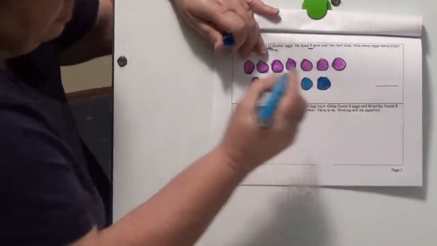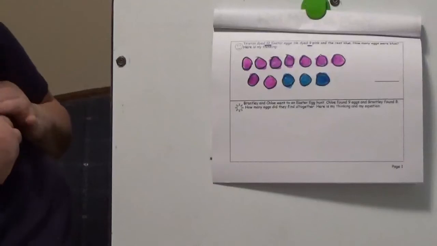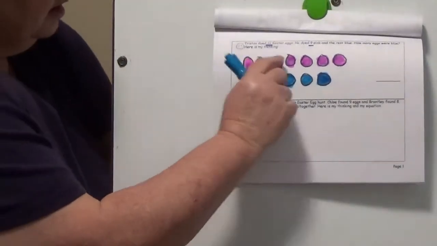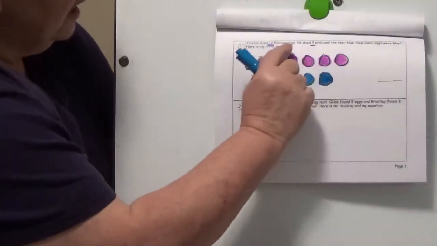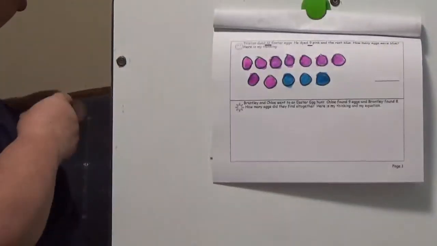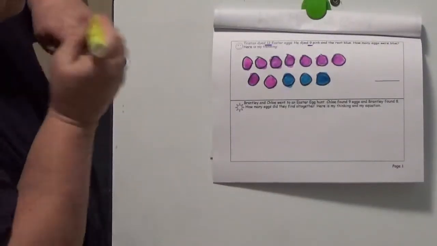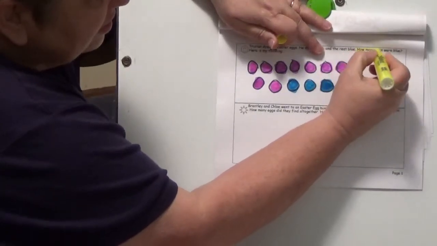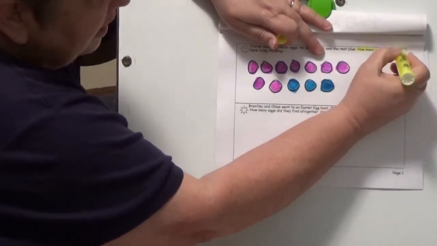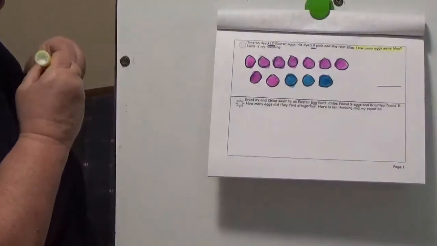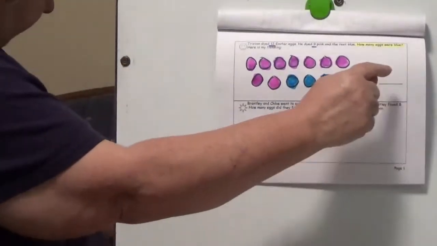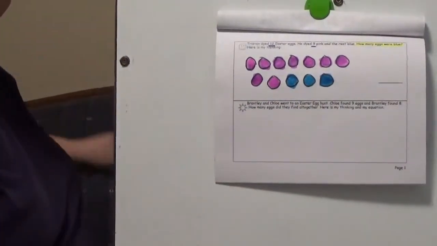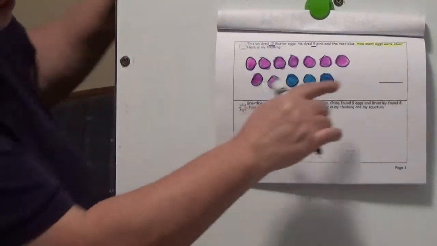Now, there's my thinking. But am I finished? Okay, the question has to be asked. Where's the question that we're going to be asking? The question says, how many eggs were blue? So I'm going to have to answer that question and put that right there in here.